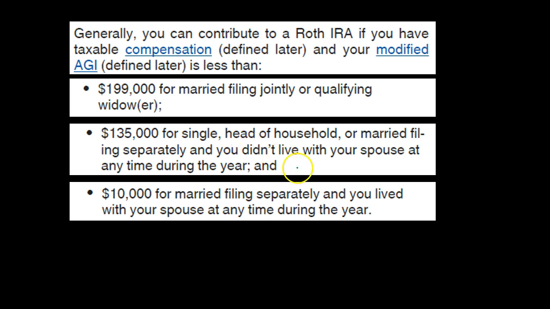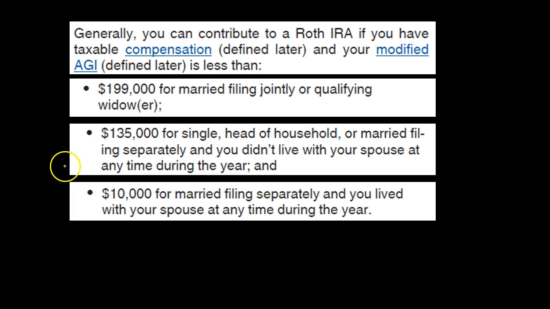But here they're saying that if you're filing married filing separately and you didn't live with your spouse at any time during the year, then you have this limit, which is far better than the next item, where you'd have to have less than $10,000 for married filing separately and lived with your spouse at any time during the year. So if you're legitimately married and living together, then if you choose to file separately, the tax code has a severe limitation in this area, as they do with many.